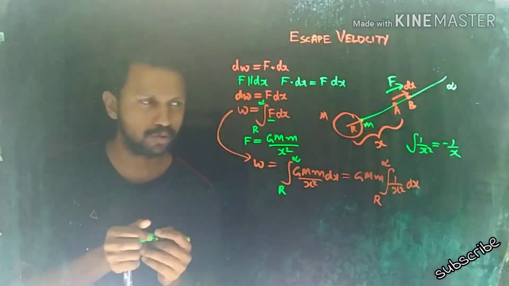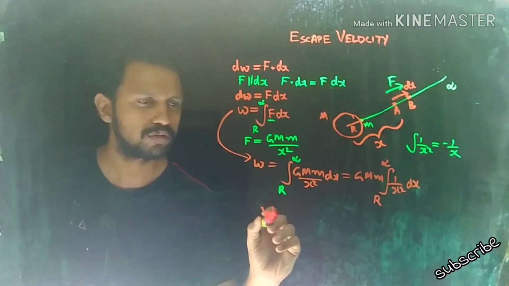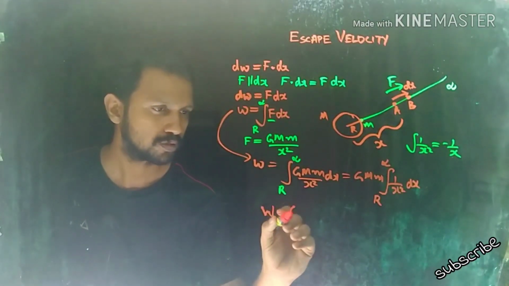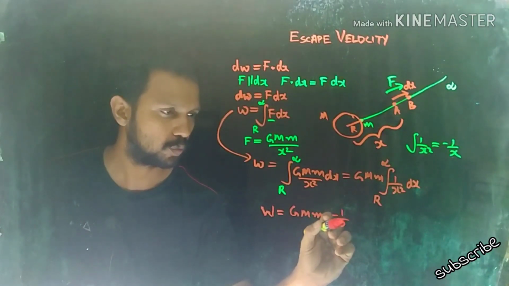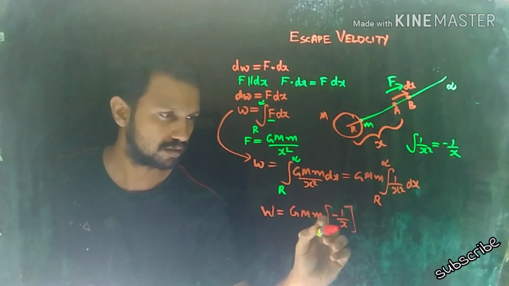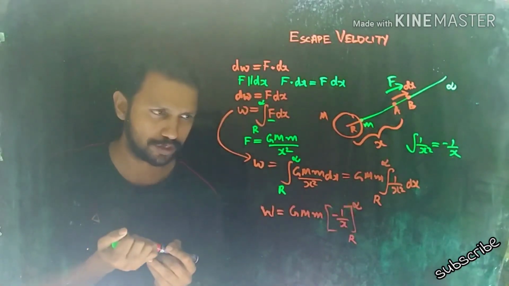Therefore, I am substituting the integral value over here. Then we will get W is equal to G capital M small m times minus 1 by x, written inside a square bracket within the limit R to infinity.